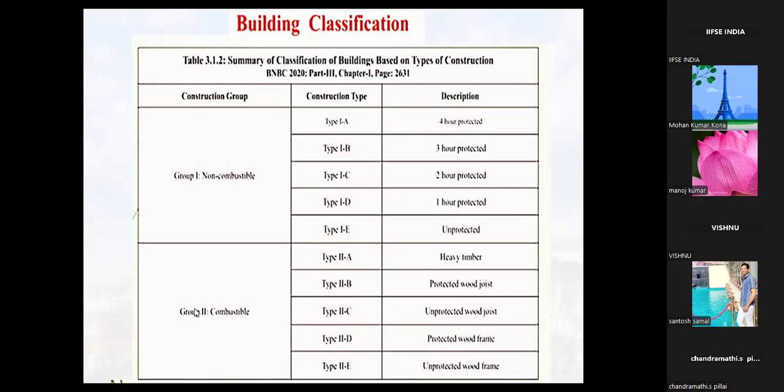Then combustible, the very word means it may be made up of timber. Most of the houses you see in the Western world are made up of these. So that particular type also determines the type of fire detection and alarm system.